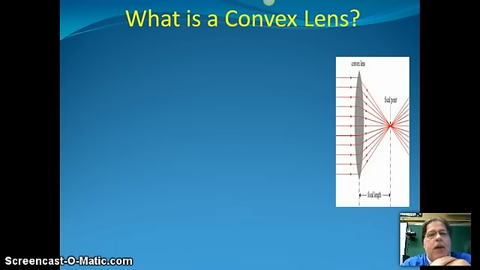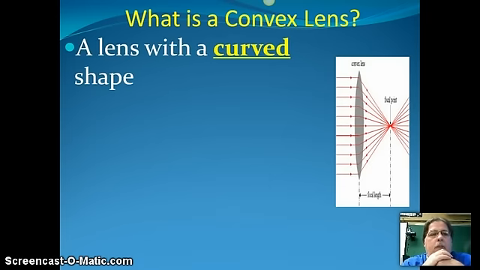Today in class, I was using the analogy of a curved shape. There are two types of curves. If you look at a spoon when you're eating your cereal, there's a curve that goes inward this way. That's called a concave type of curve.